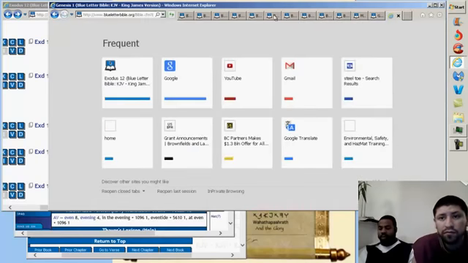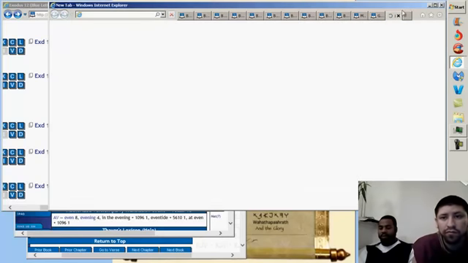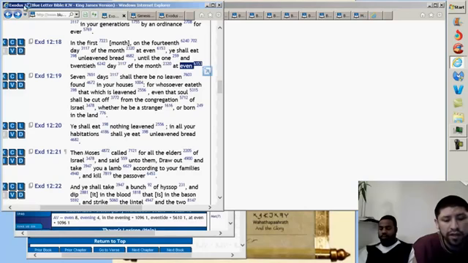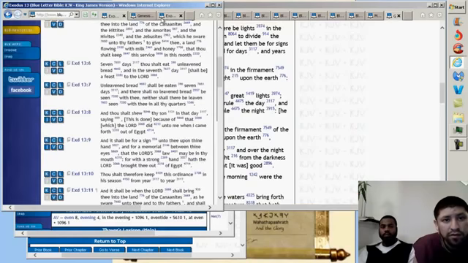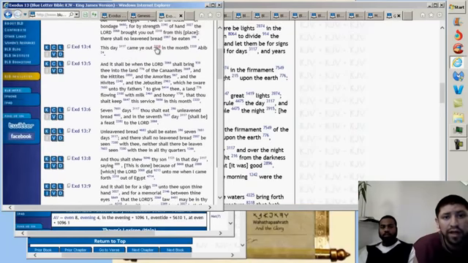This is Exodus 13 and 4. "This day came ye out in the month of Abib," which in the Hebrew is Abib. I already got it pulled up here.